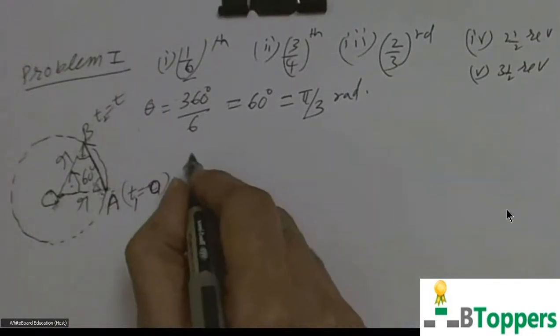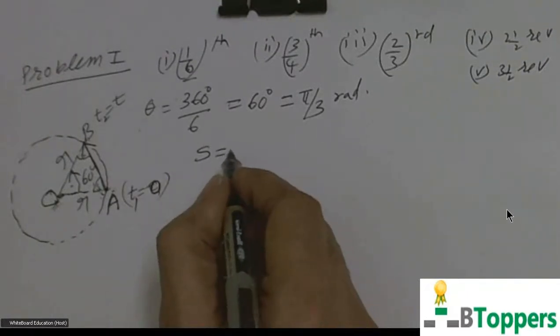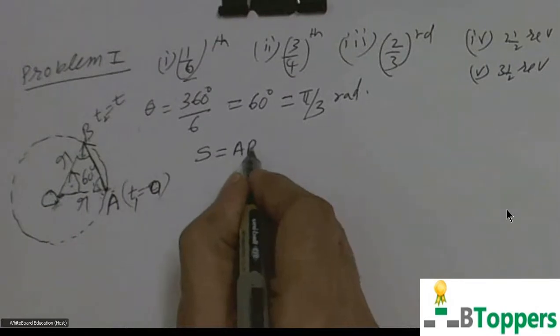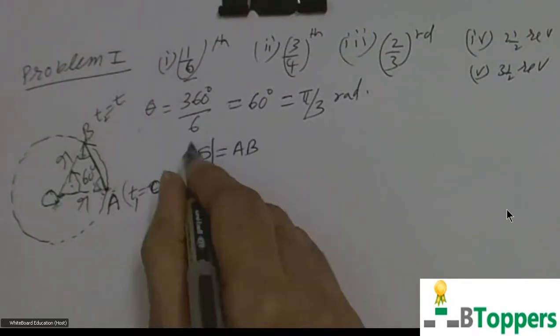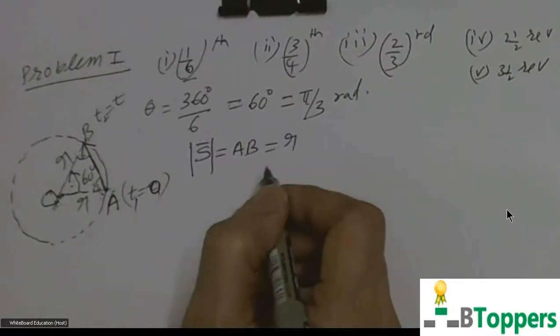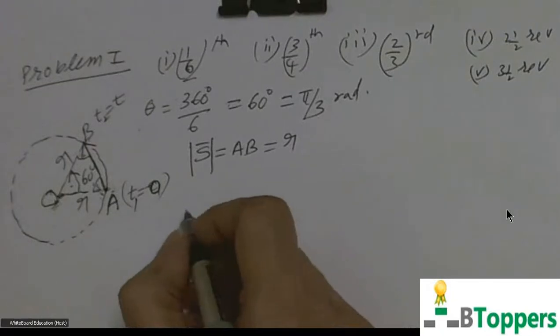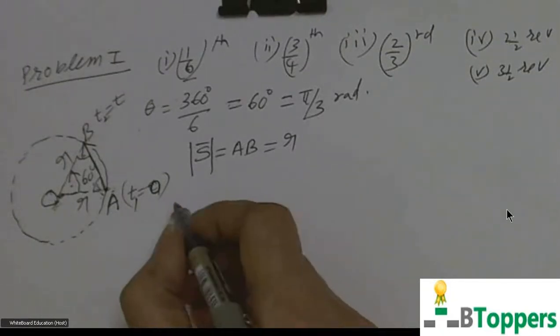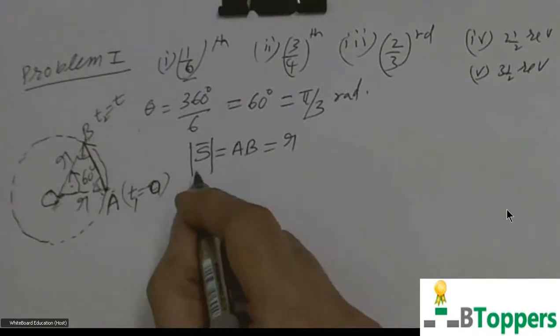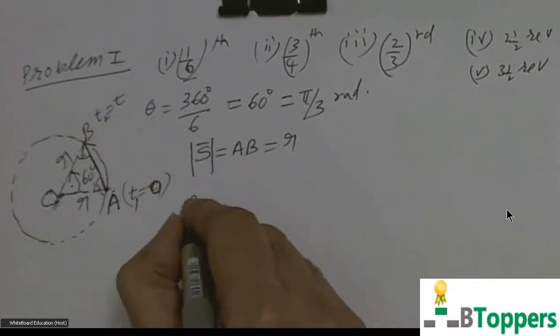So magnitude of the displacement of the particle is equal to the length of the line AB, which is equal to the radius of the circular path. Magnitude of the average velocity is equal to magnitude of the displacement divided by time interval. It is given that the particle moves with uniform speed.